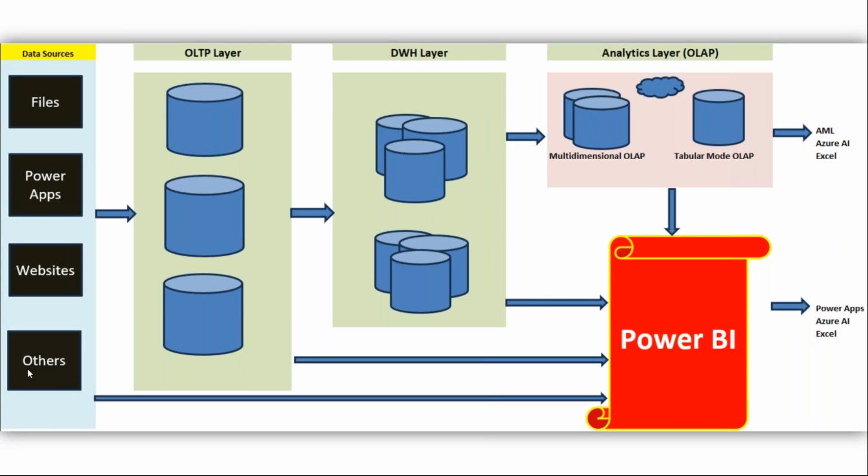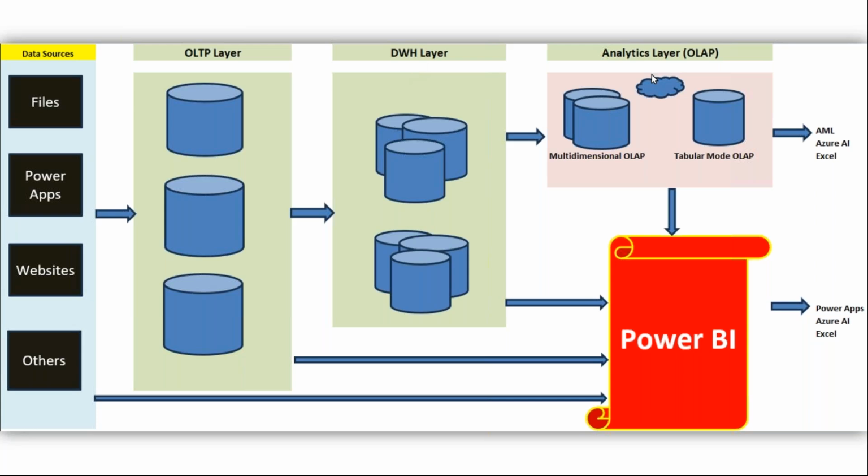So the volume of data has to be stored. Huge volumes of data have to be stored. So what we do, we have two different layers in the real world: an OLTP layer to store only active data, and a data warehouse layer to store inactive, old, stale data.